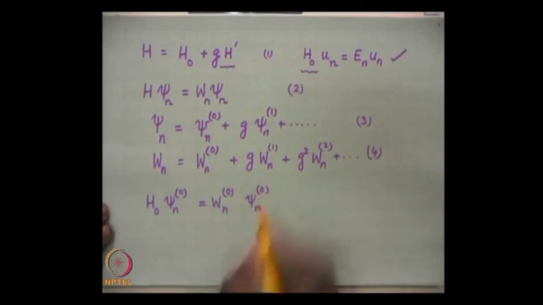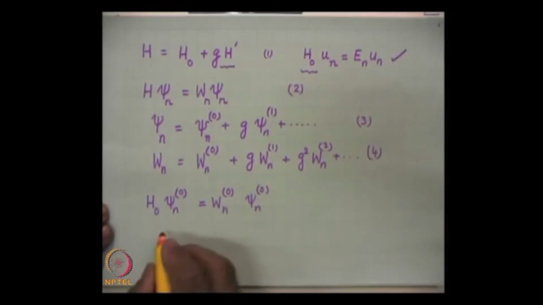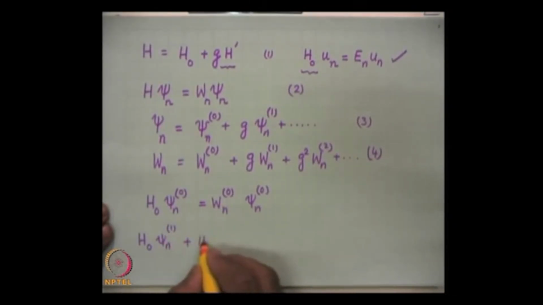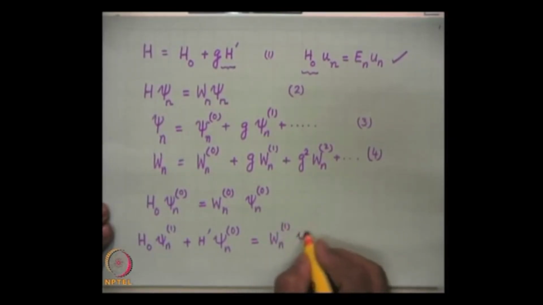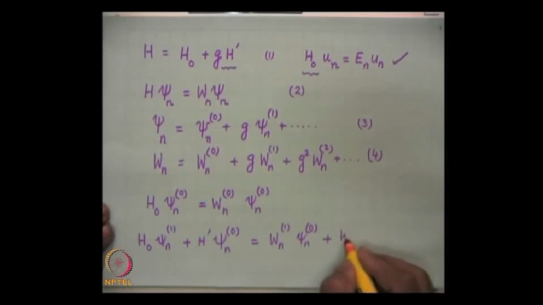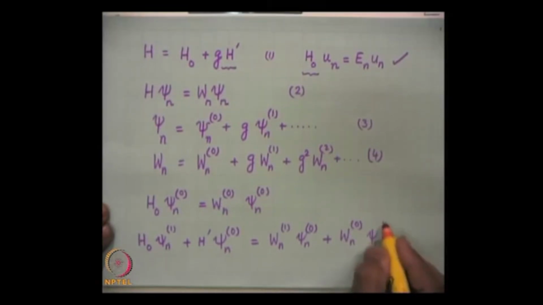And then the second equation, the first order equation, was H naught psi n 1 plus H prime psi n 0 is equal to W n 1 psi n 0 plus W n 0 psi n 1.